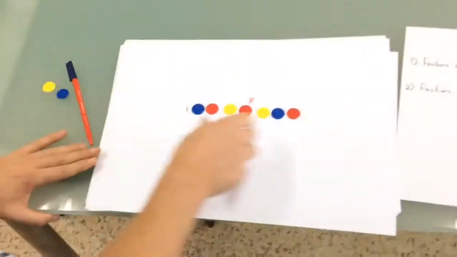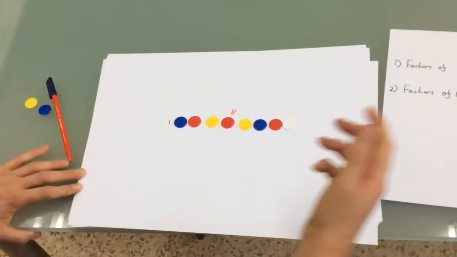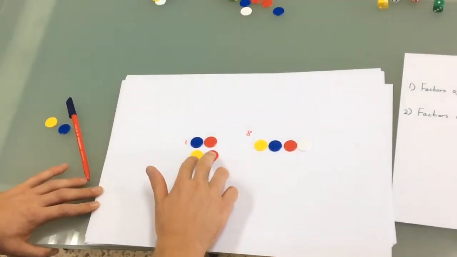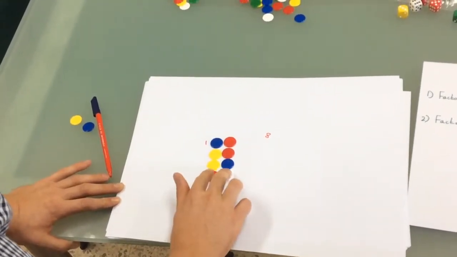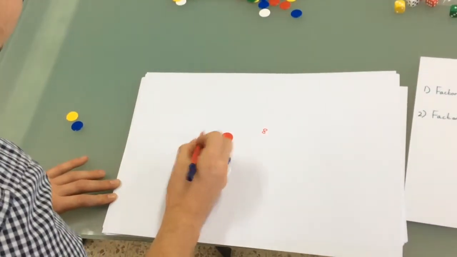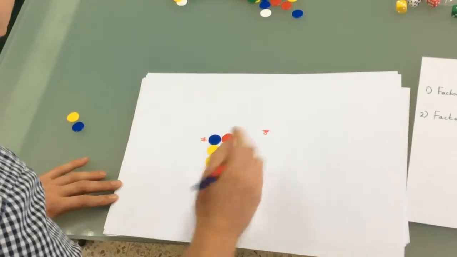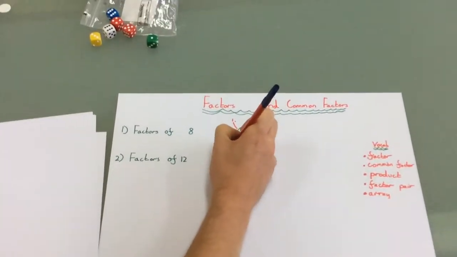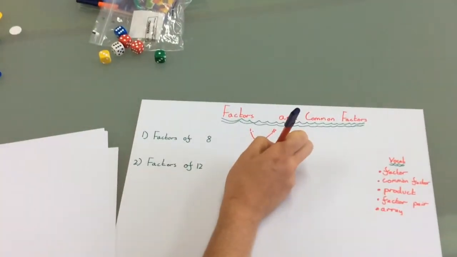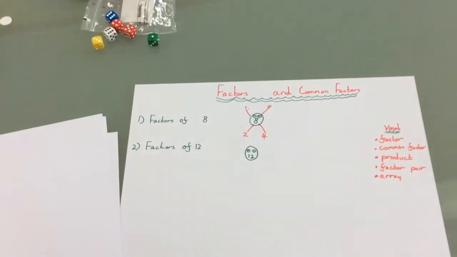Is there any other ways I can arrange my array to find other factor pairs? Well, if I do it like this, you can see that now I have 2 and 4. So 2 and 4 are factors of 8.